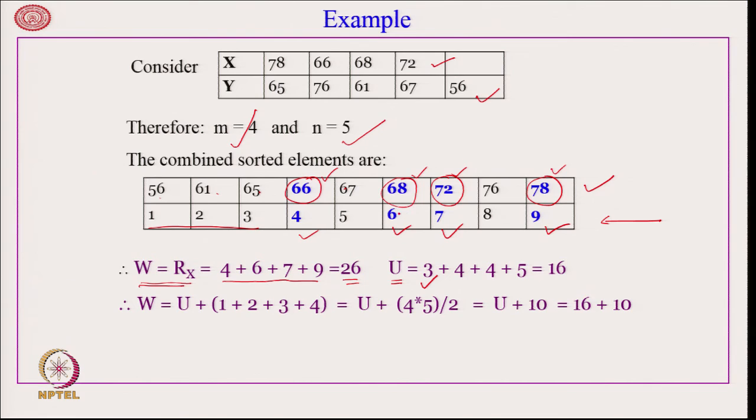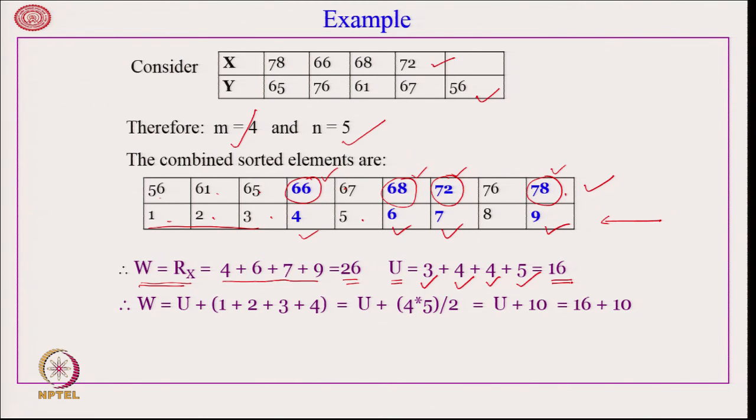There are 4 y's, 1, 2, 3 and 4, which are less than 68, the same 4 are also less than 72, and all 5 y's are less than 78. That is why the U statistic is equal to 3 plus 4 plus 4 plus 5, which is equal to 16.